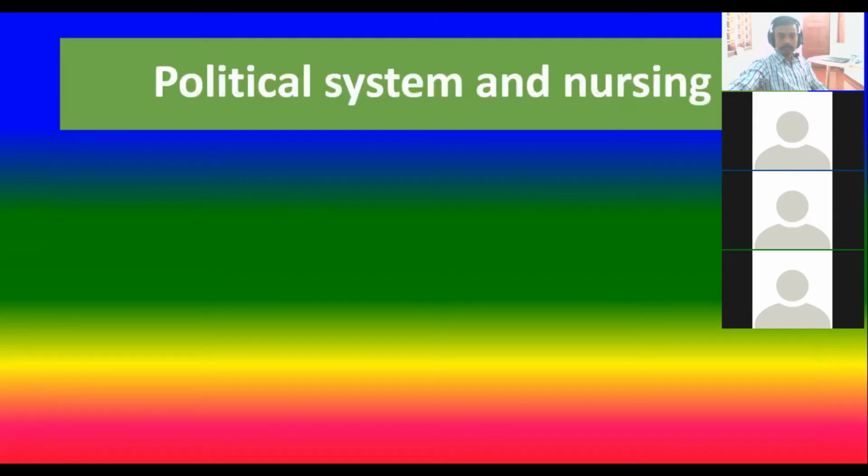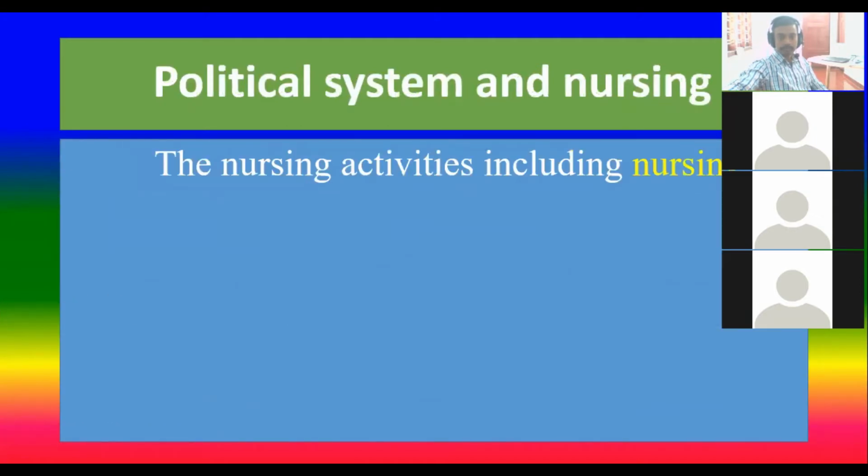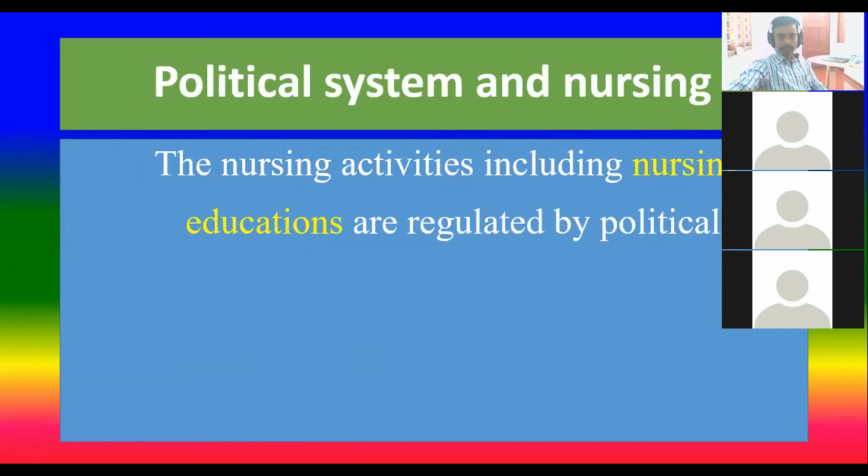Then political system and nursing. What should the government do for nursing? Government is a pivotal agency which controls every nursing activity through legislation. Can you name the legislation?